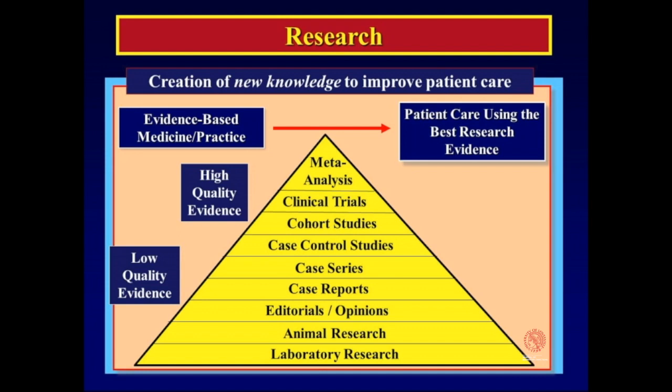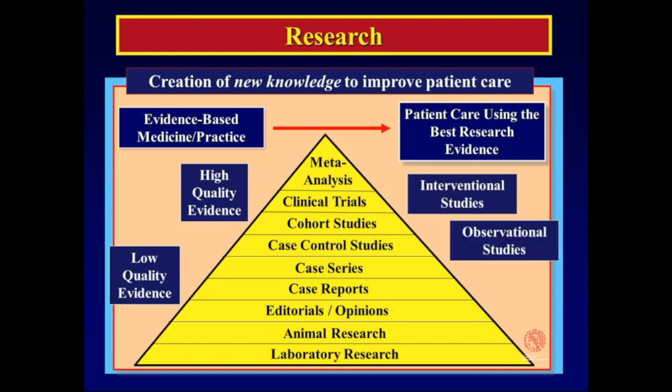Then moving, and this will be all the research, for instance, laboratory research, moving to animal research, going into research using human subjects, that would be defined as clinical research. And what I'm discussing today, clinical research, we have either interventional studies or the possibility of observational studies. Interventional studies are usually higher in the pyramid of evidence.